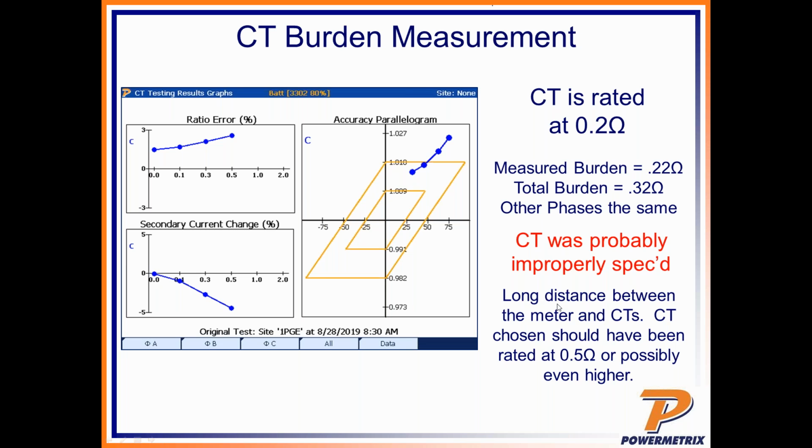You might have a long distance between the meter and the CTs, okay? So the CT is actually working decently, right? It's over its burden rating by 0.12 ohms. So really, when this site was installed, you probably should have had just a higher ohm rating CT. So once again, this might be something when you dig into it that might have just been the wrong CT that was put in there, okay?